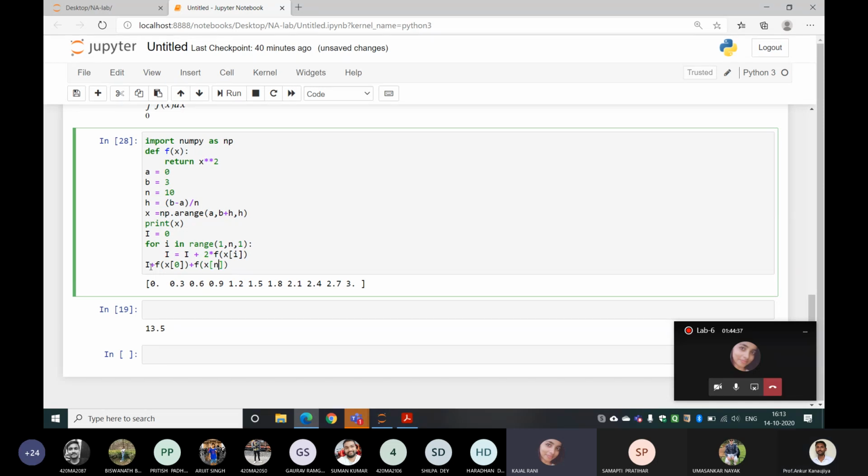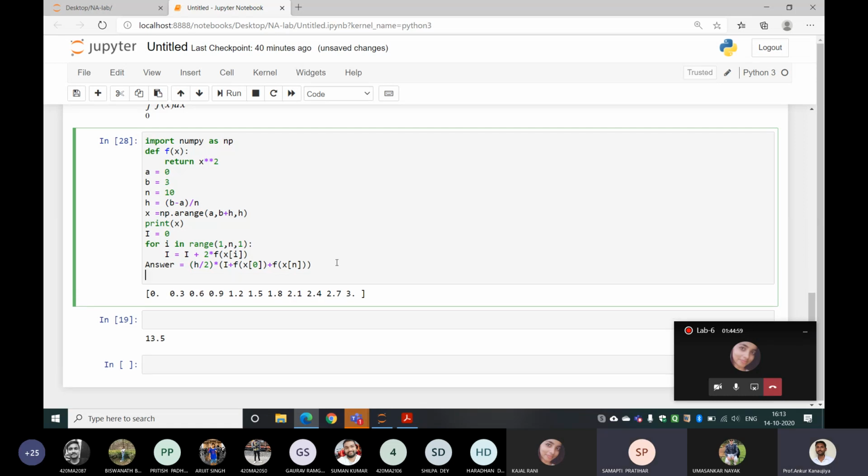I added x10 and x0, and then the whole thing is multiplied by h by 2. Whatever this is, I'm calling it the answer. And this is the print. I will print, it will give the answer.